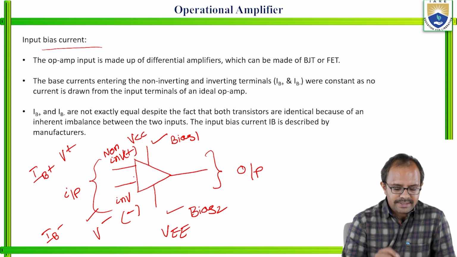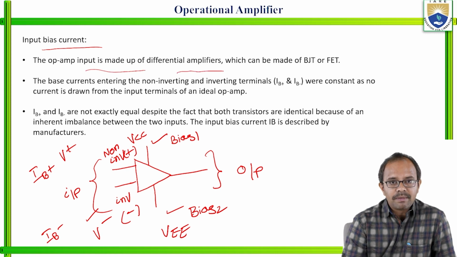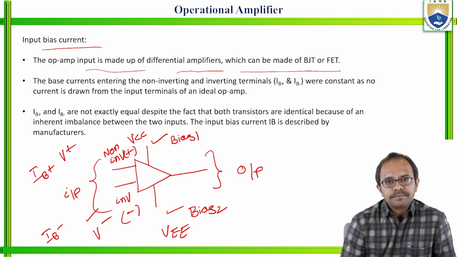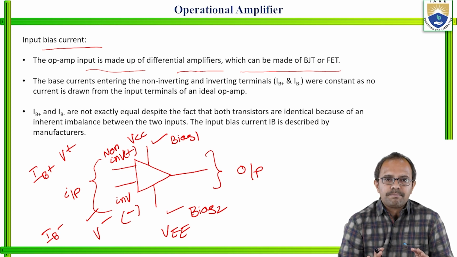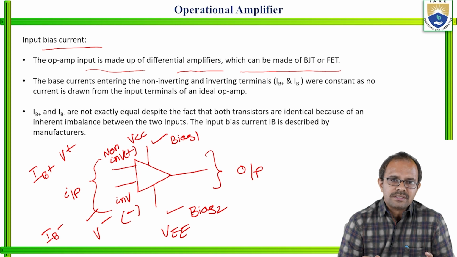So further we can say that the op amp input is made up of a differential amplifier, which can be made of BJT and FET. So this is again going back to the fundamentals or basics of the operational amplifier. If somebody asks you what is there inside the operational amplifier? See, this is the very beginning or fundamental IC we can say.